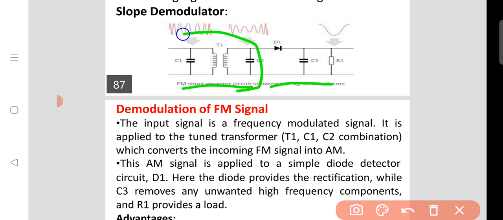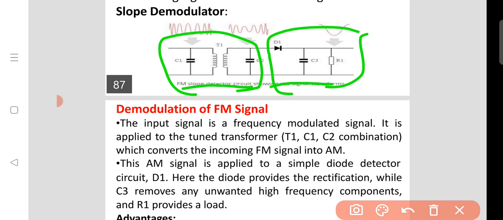This block is the LC tuned circuit for the frequency discrimination, converting the FM to AM. Then that AM is fed to this envelope detector, which converts the AM signal into our actual message signal.